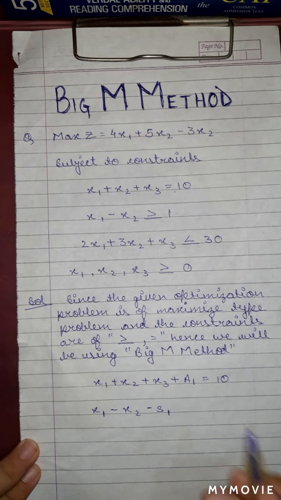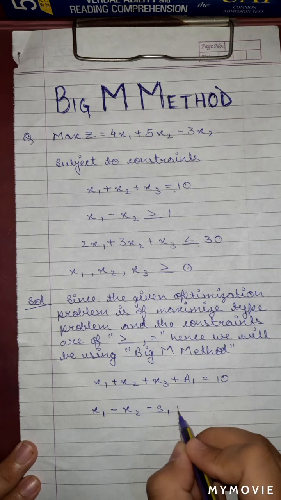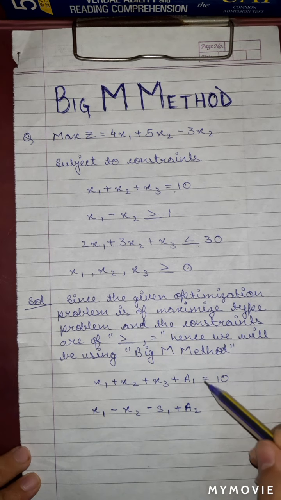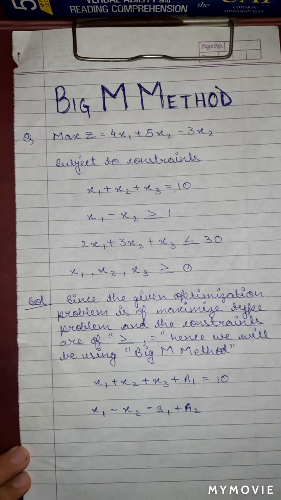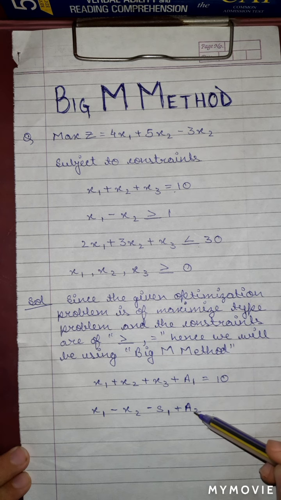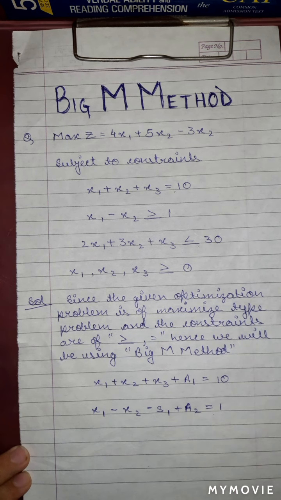S1 is our surplus variable and we will be adding artificial variable. These artificial variables cannot be same, so this one will be represented by a1 and this will be represented by a2, which is equal to 1.